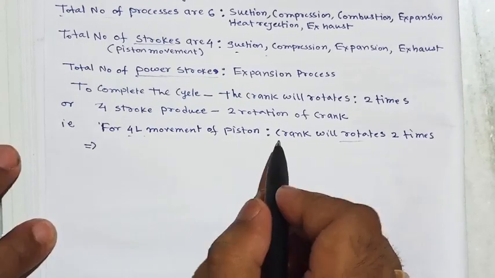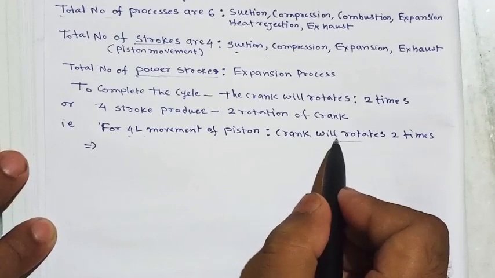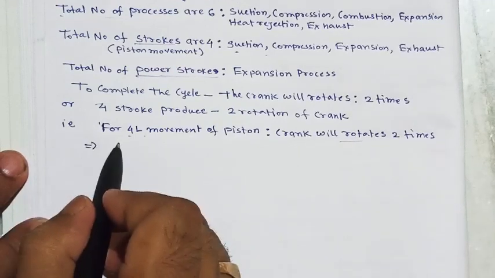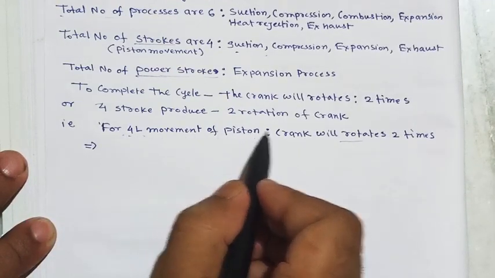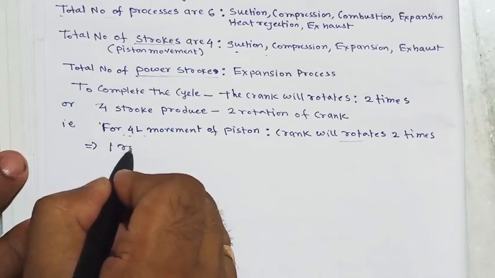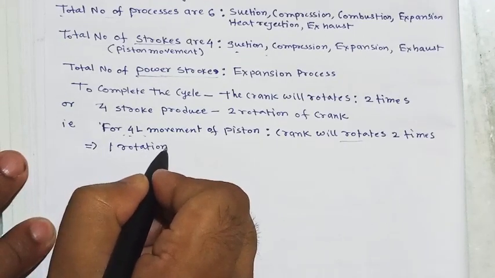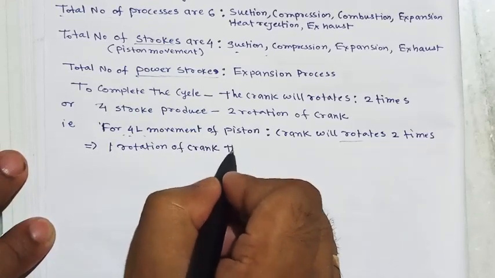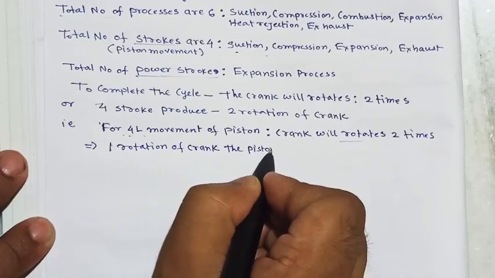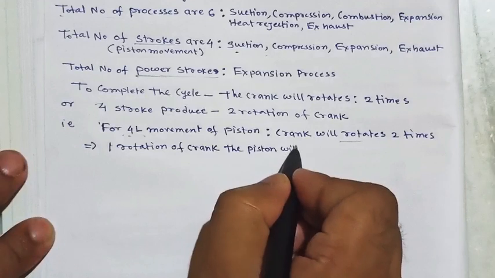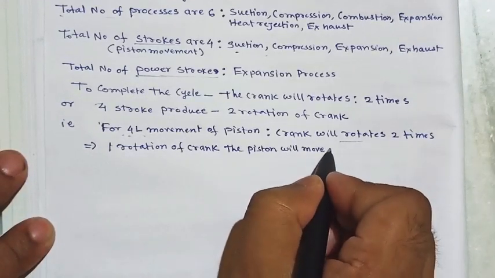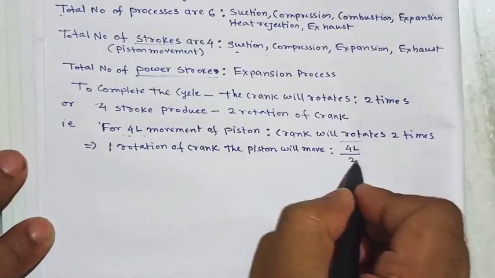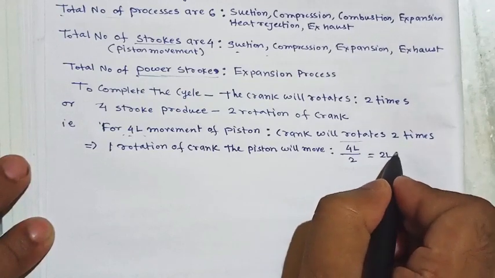So now I can say that the crank rotating 2 times produces 4L movement of the piston, so for 1 rotation of the crank, the piston will move 4L by 2, that is 2L distance.